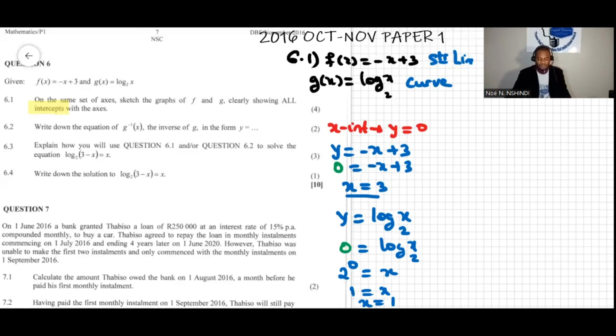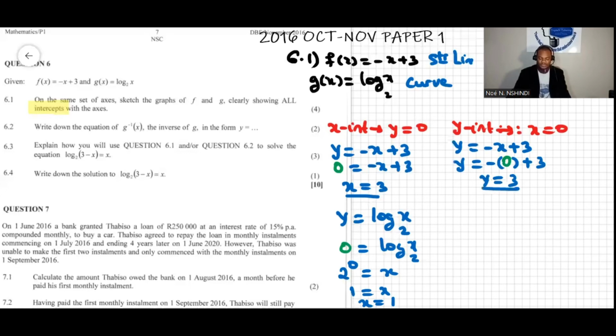Now, the y-intercept is usually the easier one to calculate. The y-intercept means that we make x equal to 0. Because y equals negative x plus 3, I make x equal to 0, sub in the value of x, and we get y equal to 3.